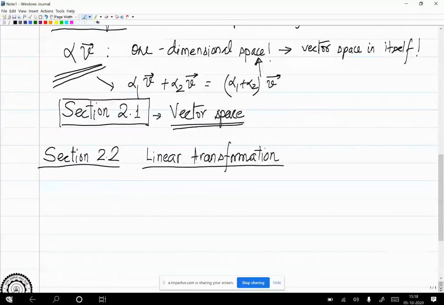It is defined as a function f which takes a vector, let's say v1, from the vector space and maps it to another vector v2 in the same vector space.